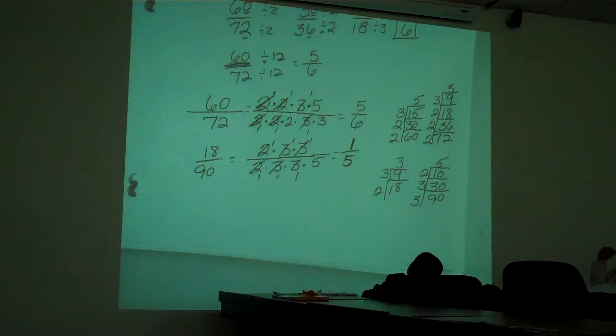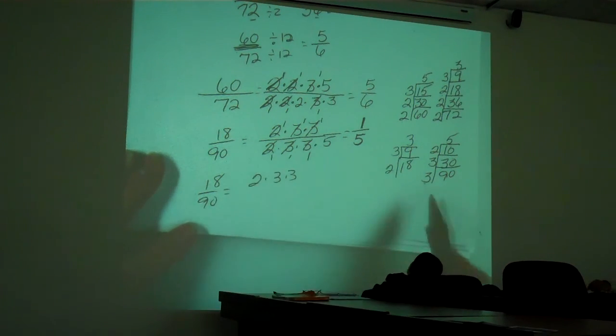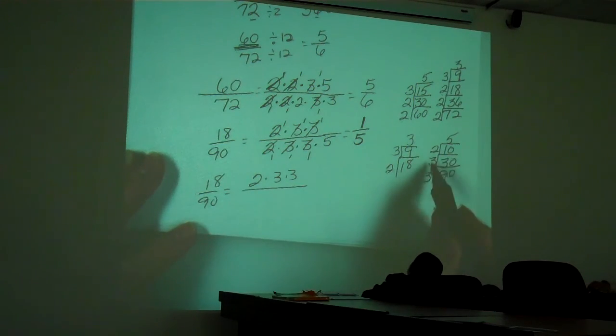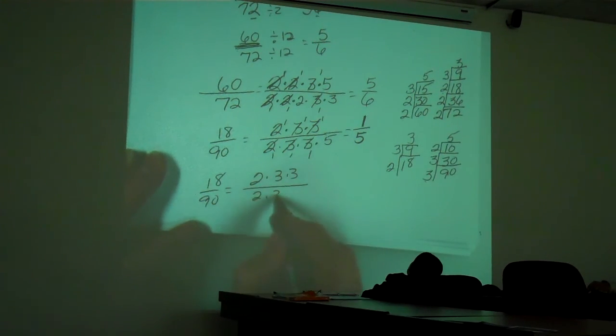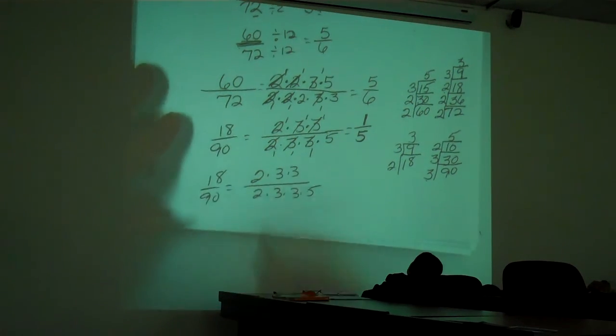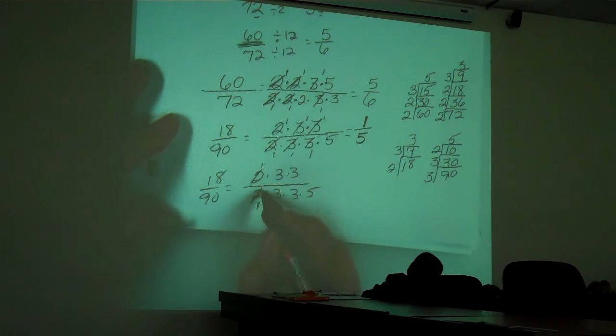Explain that one more time, Connie, please. Okay. If you have the 18 and 90, we found the prime factorization is 2, 3, 3, and then the 90 is 2, 3, 3, 5. Now we're going to divide the top and the bottom. Divide 2, divide 2. When we divide 2, we make it 1. 2 divided by 2 is 1.